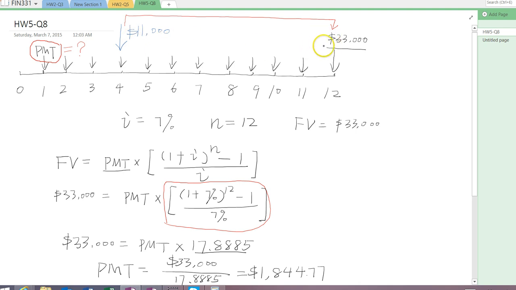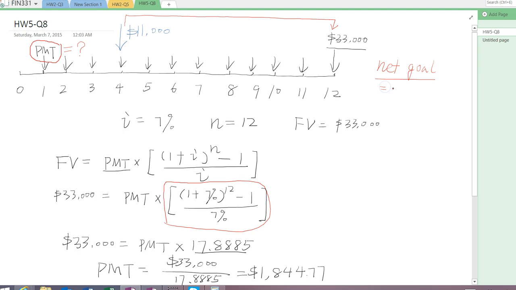Then, because our goal is $33,000, and we know how much we're going to have from this amount by the end of the 12th year, our net goal is simply this $33,000 minus the future value of this $11,000. And the purpose of the annual payment is simply to reach this net goal.